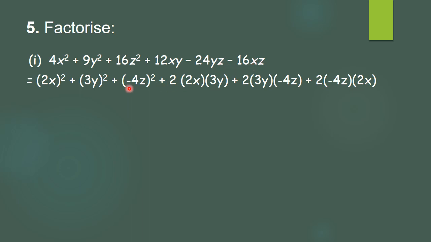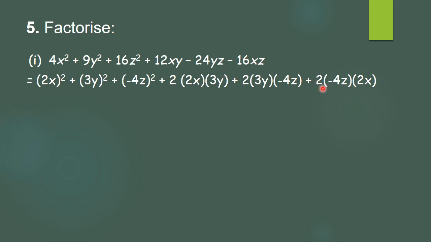So here we'll write it as minus 4z the whole square plus 2 into 2x into 3y. Just check: 3 2s are 6, 2s are 12. Then here it will be written as plus 2 into 3y into minus 4z. So it will be minus, and 4 3s are 12, 2s are 24, plus 2 into minus 4z into 2x. So when we multiply, this will be minus 16zx or xz.